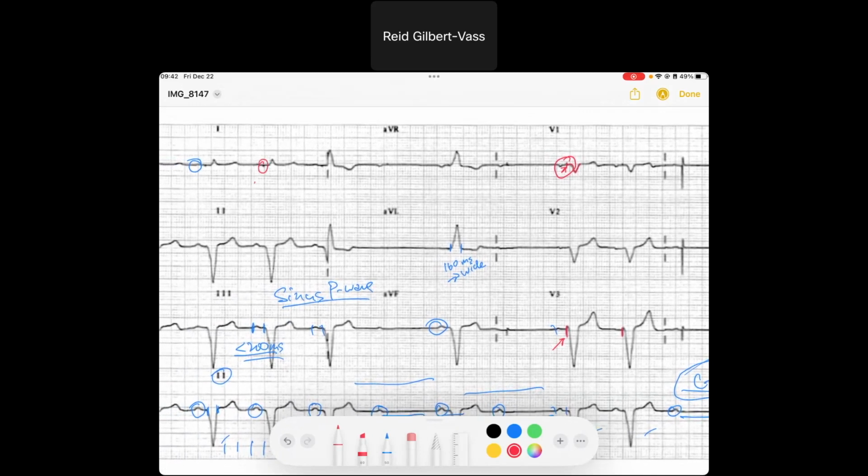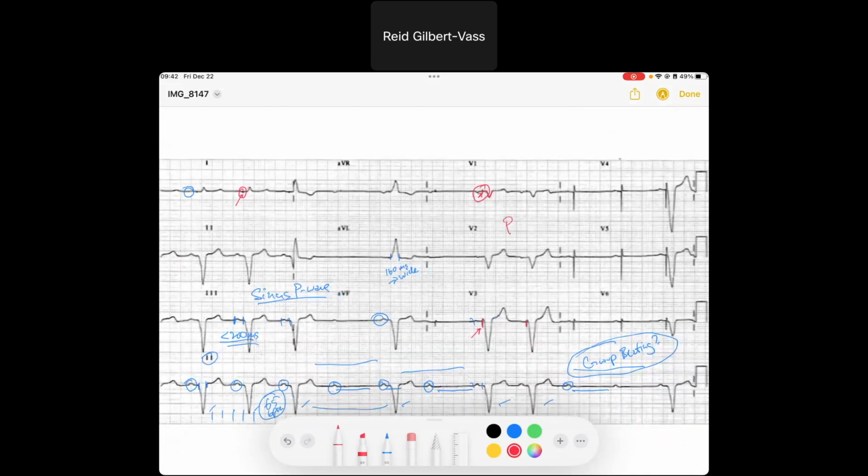There's a little spike just before the QRS. And so, is this a paced rhythm? I don't see spikes before the P waves, so the atria is a normal depolarization, but that would make sense, this wide complex tachycardia, or wide complex rhythm.